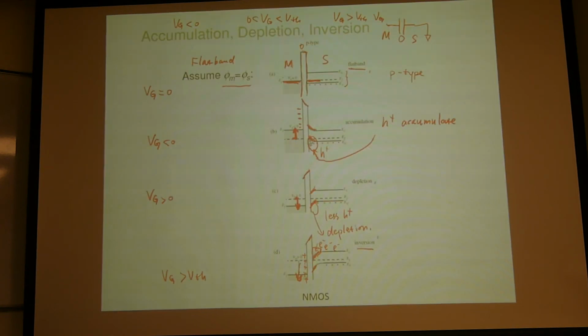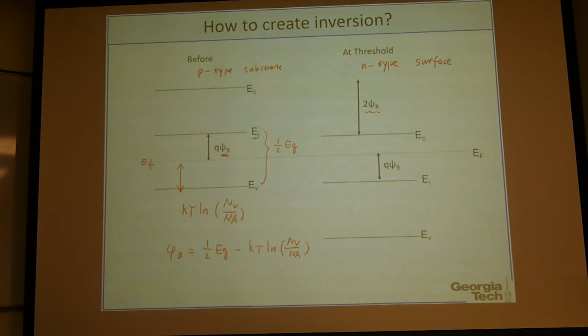And if we move to the earlier slide, this tells you how to change from p-type to n-type. You see the Fermi level here now becomes the Fermi level here. That means you need to move down the EC by this 2 phi b. That's why we have the conclusion that phi s is 2 phi b to get that inversion.